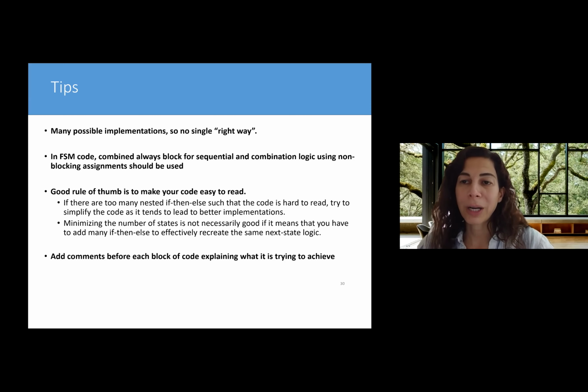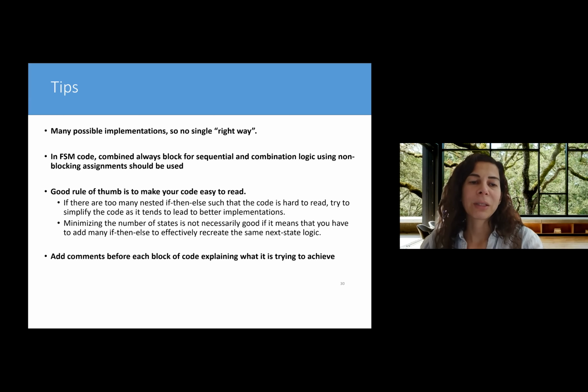There's no single right way. The goal is to get you as close as possible to the best possible. But of course, we understand that this may not be exactly doable. But if you're too far off from the median, then you know that you've done something wrong. So make sure that you're not too far off from that number.